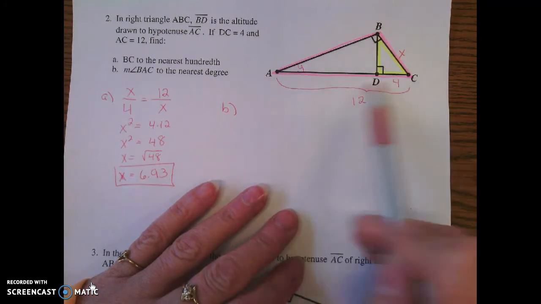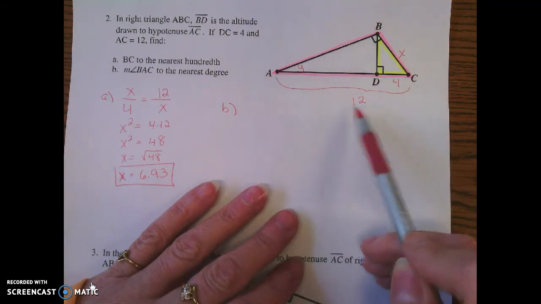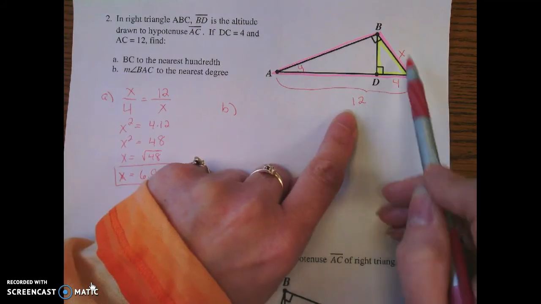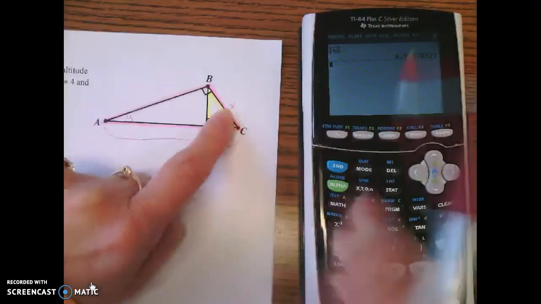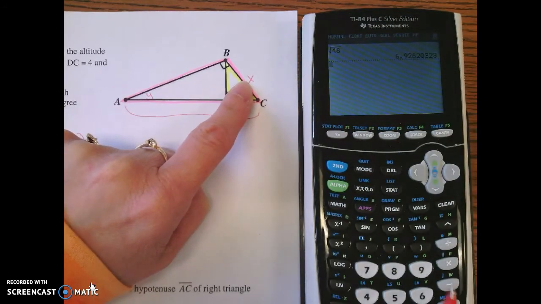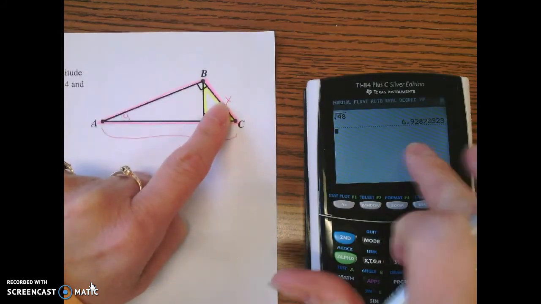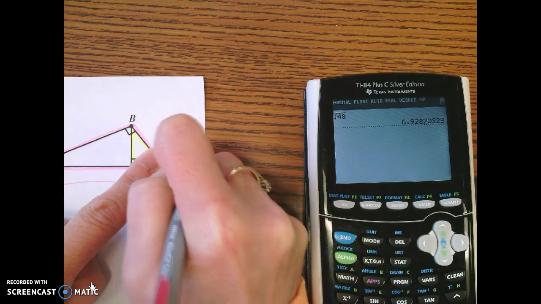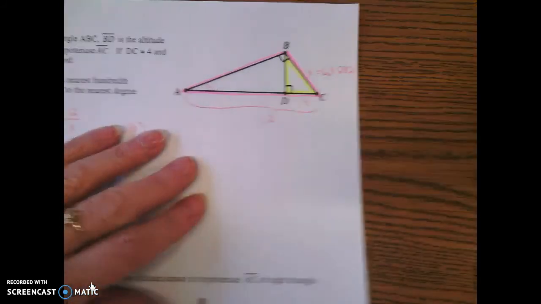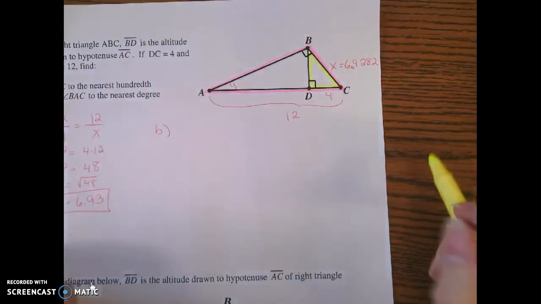Do we have two sides of the big triangle? Actually, yes. We have 12, and then we just solved for X. Since I'm going to be using X, I want to go back to my calculator and use a longer value for X. So I'm going to use 6.9282, going up 4 decimal places. We're focusing on the big triangle.